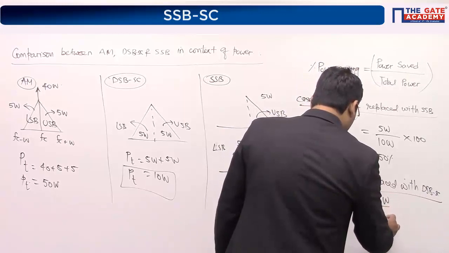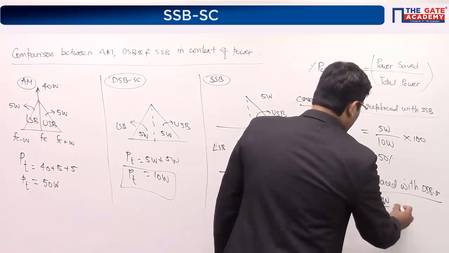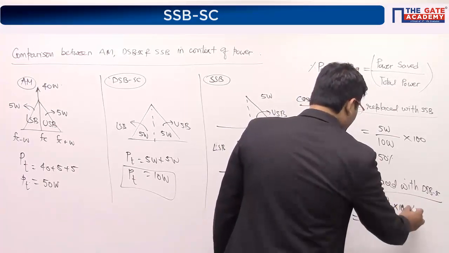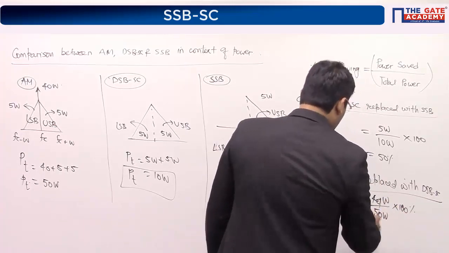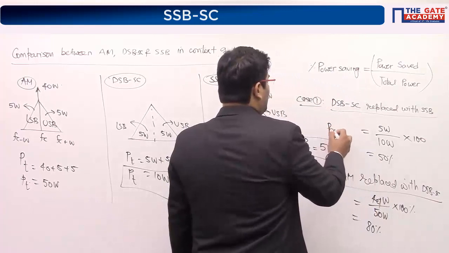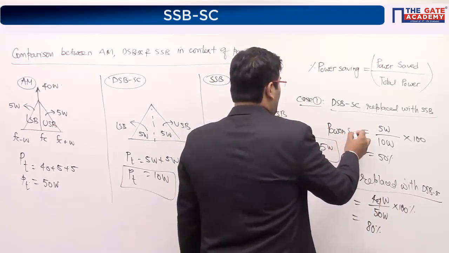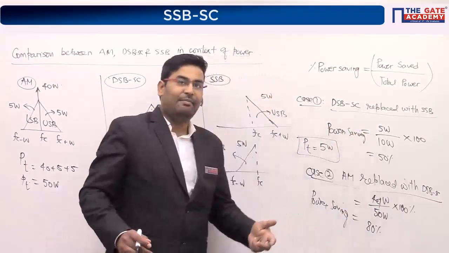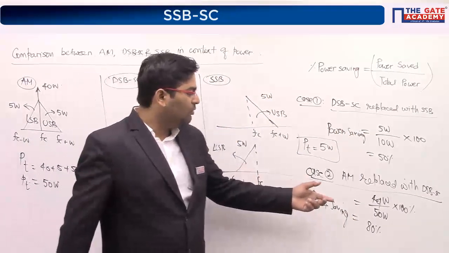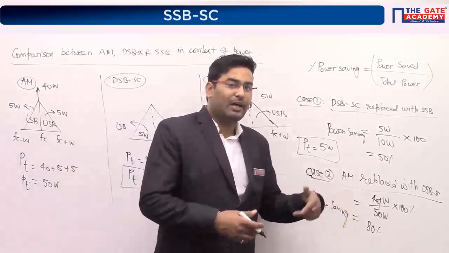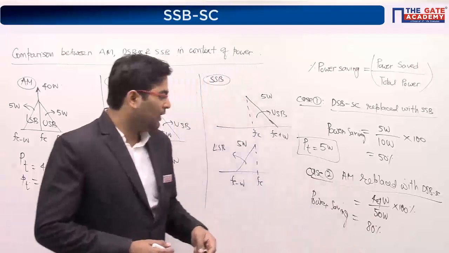Out of how many watts? 50 watts. So power saving in this case will be how much? 80%. Power saving is 80%. So if you replace AM with DSB, 80% power saving. If you do DSB with SSB, another 50%. Okay? So can you see it, guys?